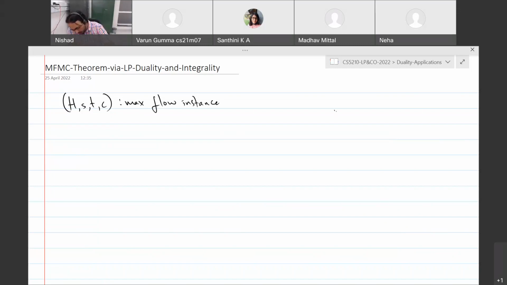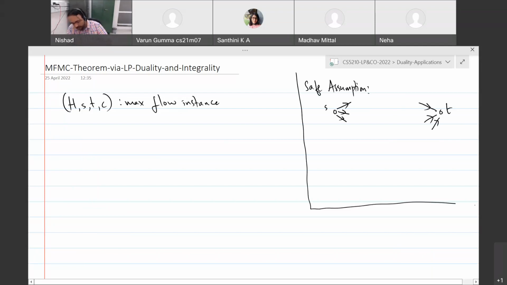We are trying to send flow from S to T, so it is natural to assume that S only has outgoing arcs and T only has incoming arcs. That is the assumption we are going to make, and I'm going to explain why that is a safe assumption.